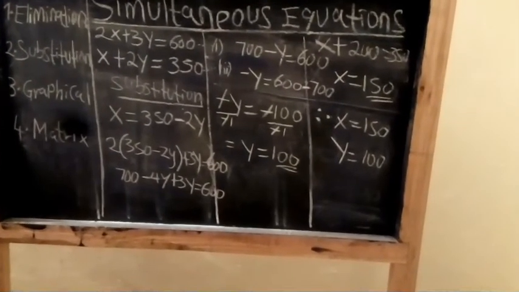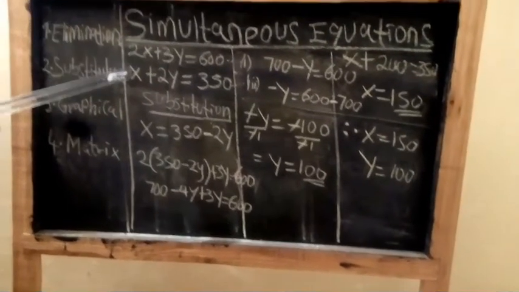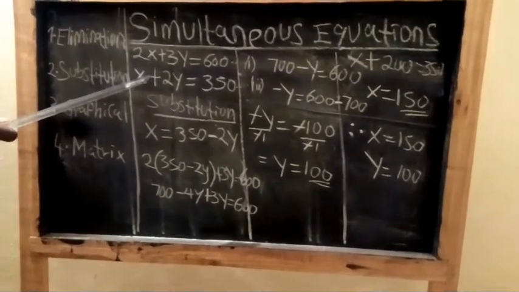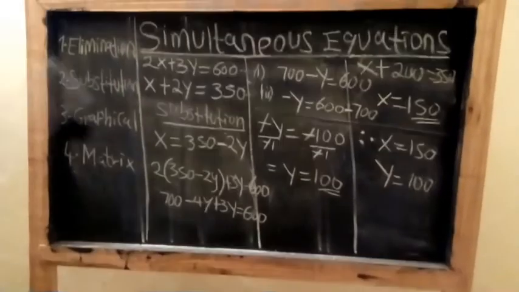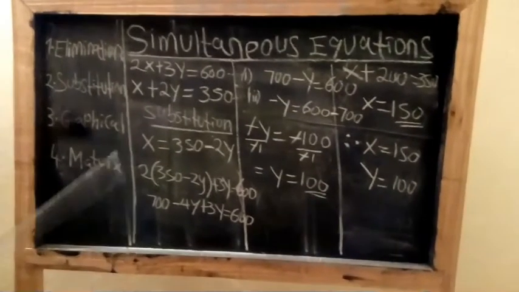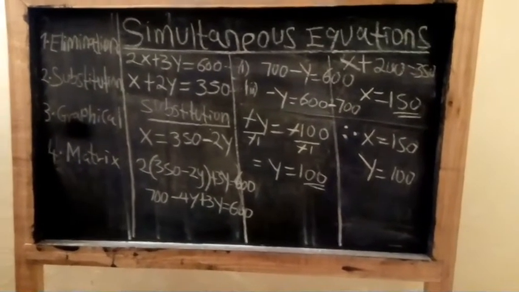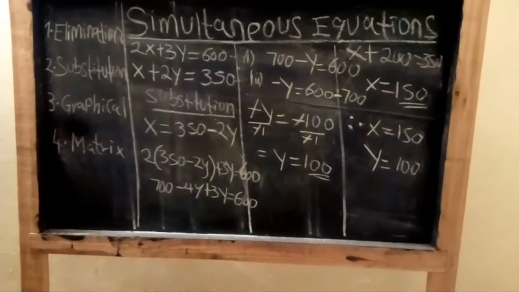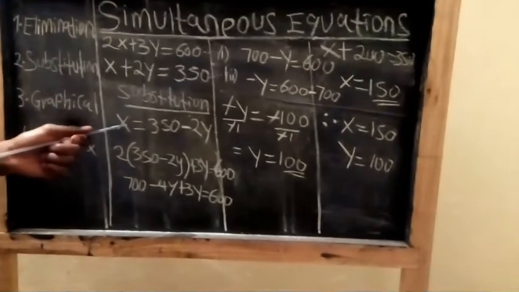In our case, we've decided to use the second equation first. After that, you decide on which unknown you want to make the subject of the formula. Remember, we have two equations and two unknowns, that is x and y. In our case, we've decided to make x the subject of the formula.